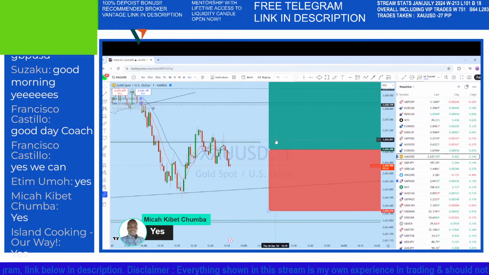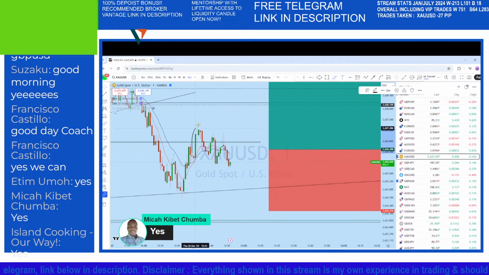So a little, there is a consolidation here, expecting it to break out.